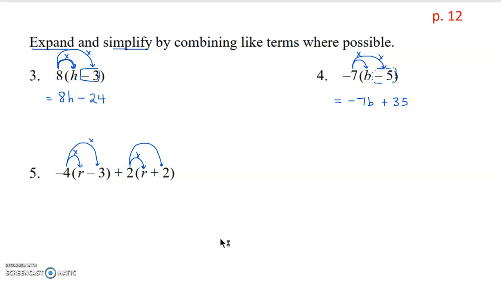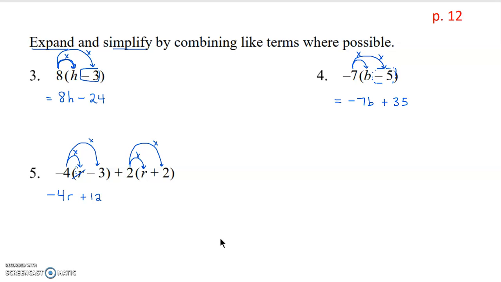That's just a fancy way of saying multiply to the positive 2. So we're going to do one at a time. Negative 4 times r, that's like a 1, remember, coefficient is positive 1. So that's going to be negative 4r, that term is done. Now we multiply to the second term. Negative 4 times negative 3 is a positive 12.